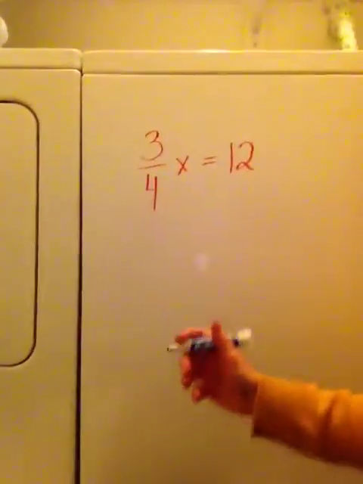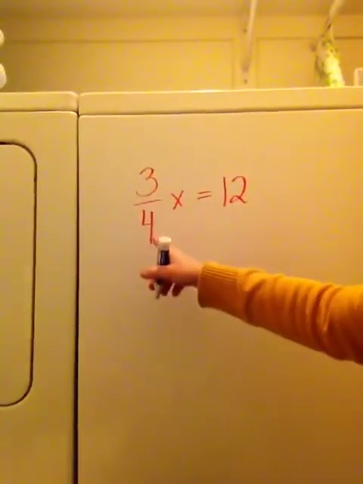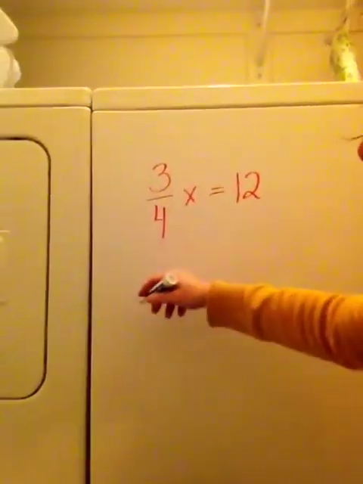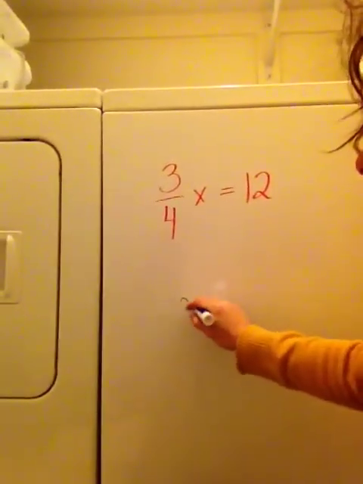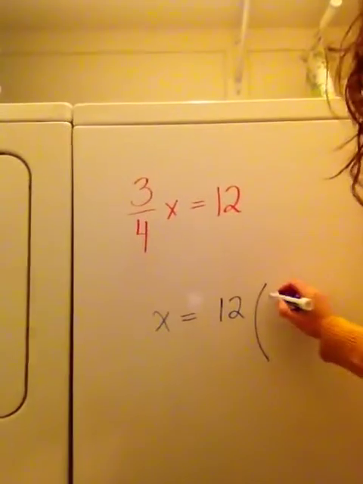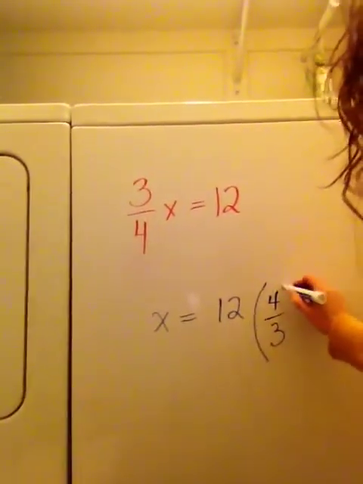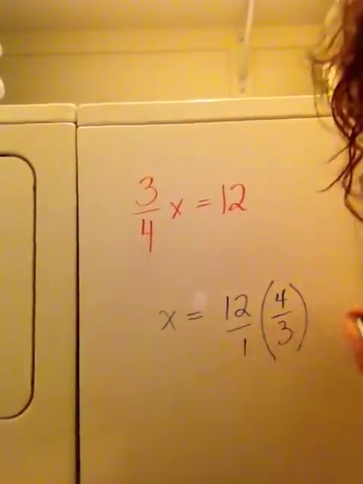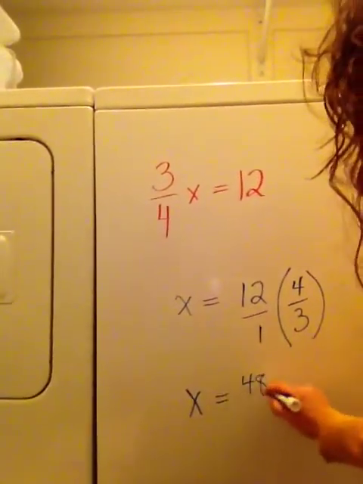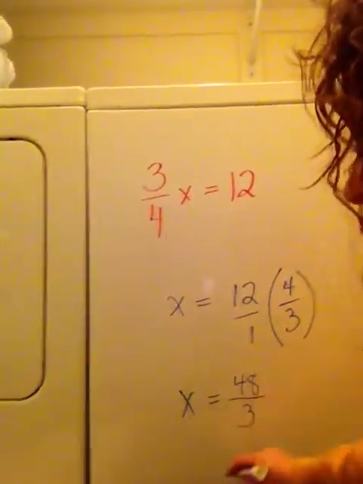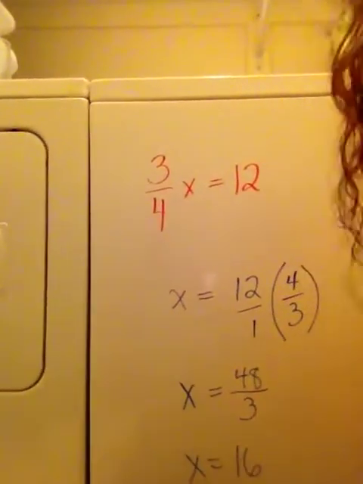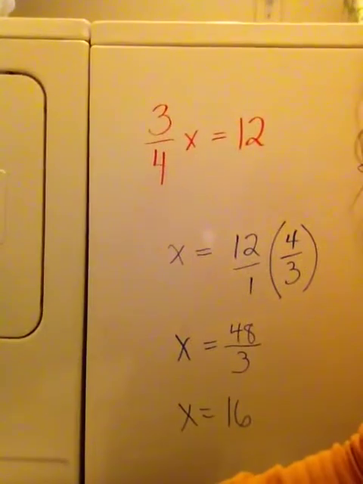I'm going to multiply both sides by the reciprocal because my coefficient is a fraction. So once I multiply, that's gone. So I'm going to get x equals 12 times the reciprocal, which is 4/3. And then I just do that, and I get x equals 48 over 3. Reduce that, and we just did that, so I know that's 16. There's going to be 16.